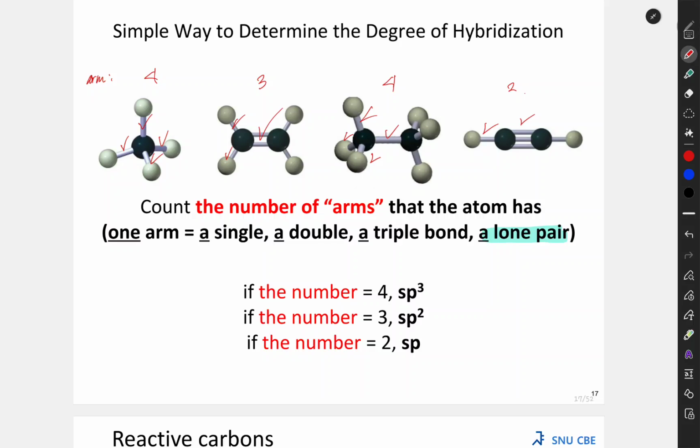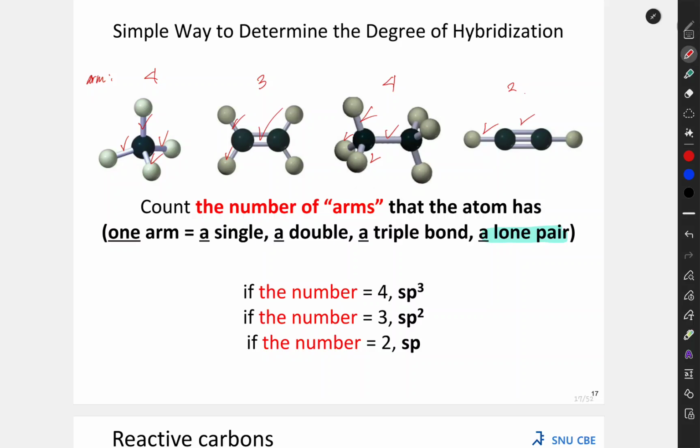So if you count up all the number of arms here, and if that number is 4, then you can get the answer that the hybridization of that central atom is sp3. If the number is 3, then the central atom must be sp2 hybridized.